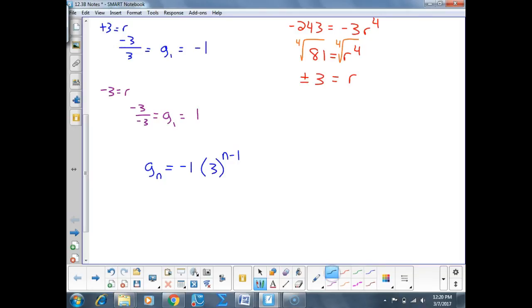My other rule is going to be g sub n equals that term's first term times its r to the n minus 1 power.